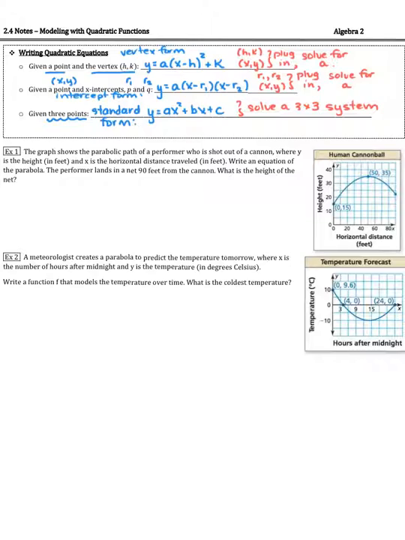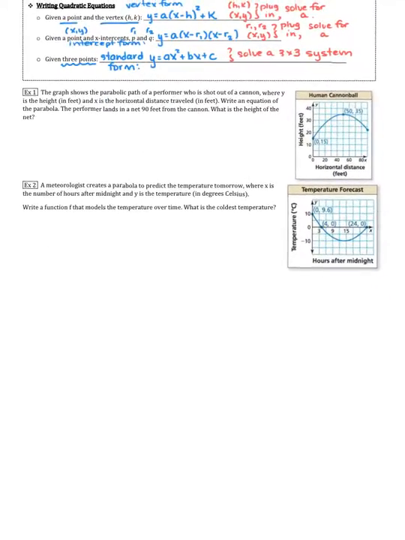All right, so let's look at this first example. The graph shows the parabolic path of a performer who is shot out of a cannon, where y is the height in feet and x is the horizontal distance traveled in feet. Write an equation of the parabola. He lands in a net 90 feet from the cannon. What is the height of the net? So first thing we're going to notice is here is your vertex.